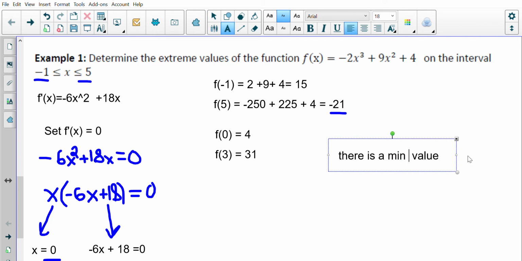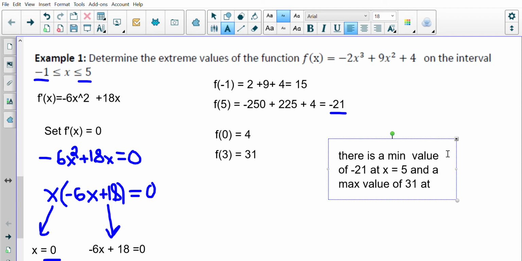I got a min value of negative 21 at x equals 5, and a max value of 31 at x equals 3. And there we go.